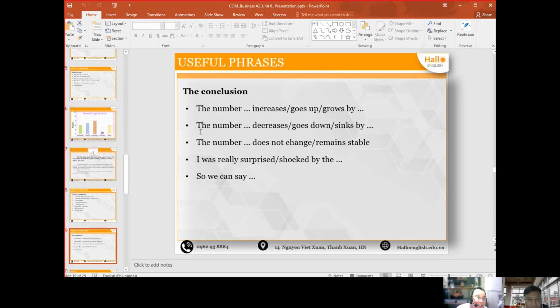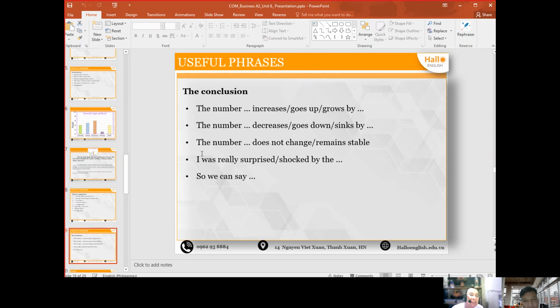If it is lower, you can say the number of romance decreases, or goes down, or sinks by. If it is higher, it increases, goes up, or grows by. If it decreases, that would be goes down or sinks by.